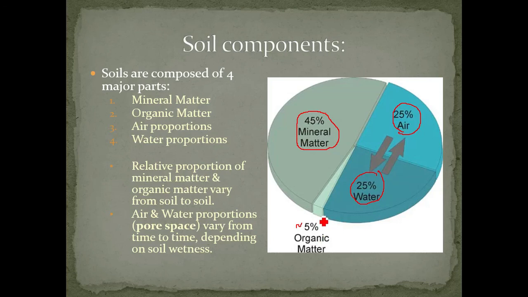But 5% organic matter is a pretty high number. It would be a very high number for most Alabama soils. If you go up to other areas of the Corn Belt where they have longer winters and soils are derived from different materials, they may have organic matter contents of over 5%. So the relative proportion of organic matter and mineral matter vary greatly. And again, the relative proportions of air and water vary greatly depending upon soil wetness.